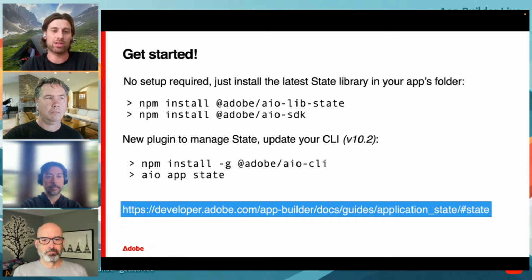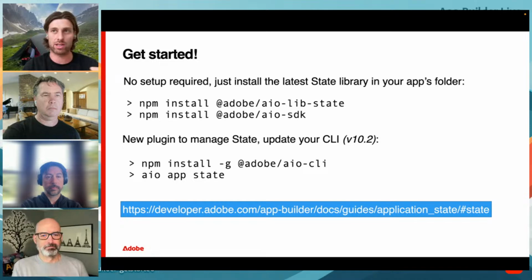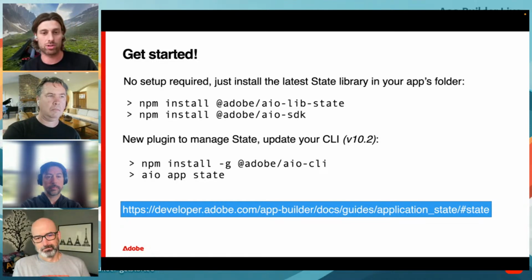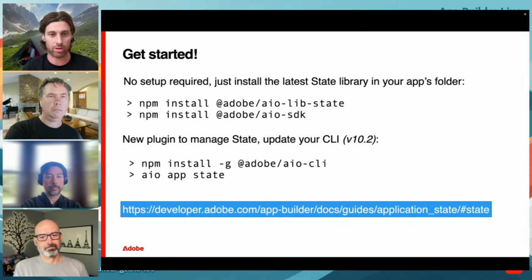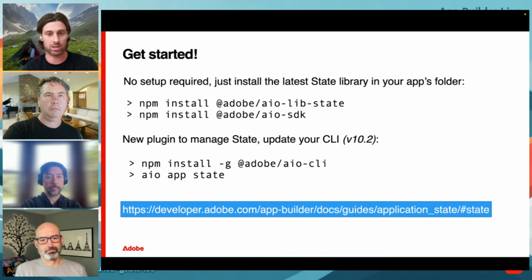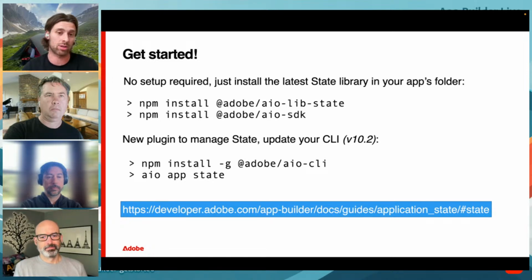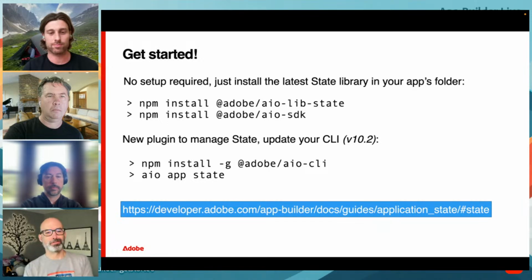I mean, it's still a breaking change in the sense that we have legacy state that stores keys in an older system, and we have this new state version which will store your key values in our new state service. So if you're just starting out fresh, you don't need to worry about anything. You just install the new library. But if you're using legacy state, you will have to migrate at some point, and we will provide more information about that later on, and also provide a tool to help you migrate. For now, we don't have this ready yet, but it will come soon. Okay, that's cool. Thank you for the clarification.